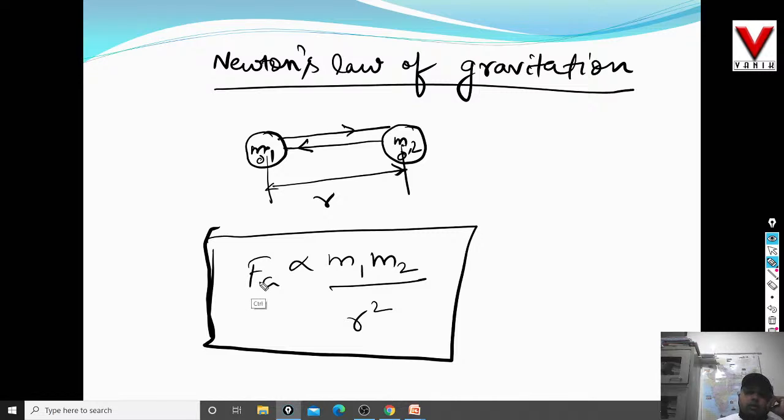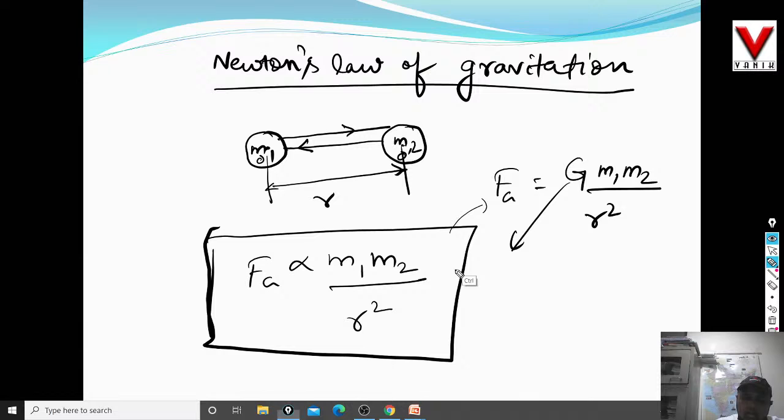If I want to form an equation, I have to use an is equal to sign and also a constant. So I can write this as gravitational force is equal to capital G m1 m2 by r square. Now this capital G is known as the universal gravitational constant.